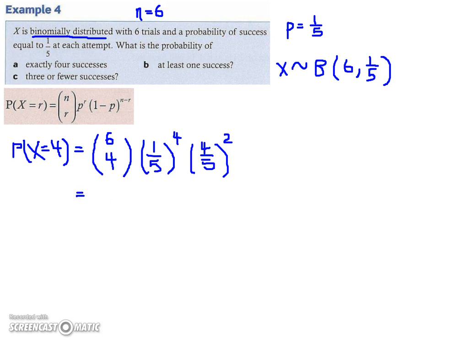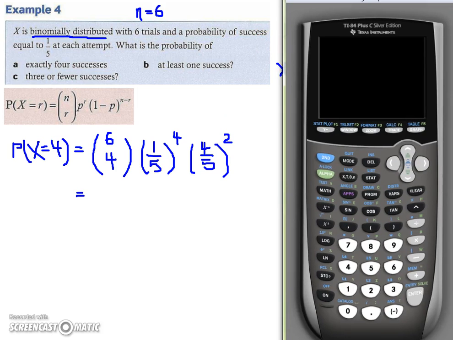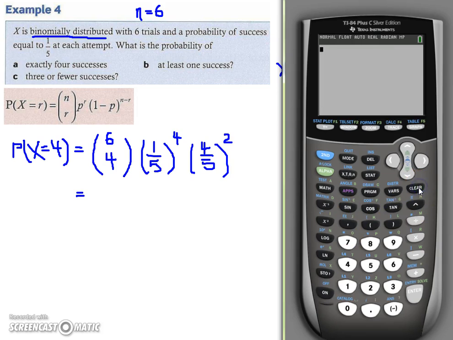You can use the nCr. On your calculator, there are 2 ways of using this. You can go to your math, go to your probability, and then go to nCr, which is option 3.